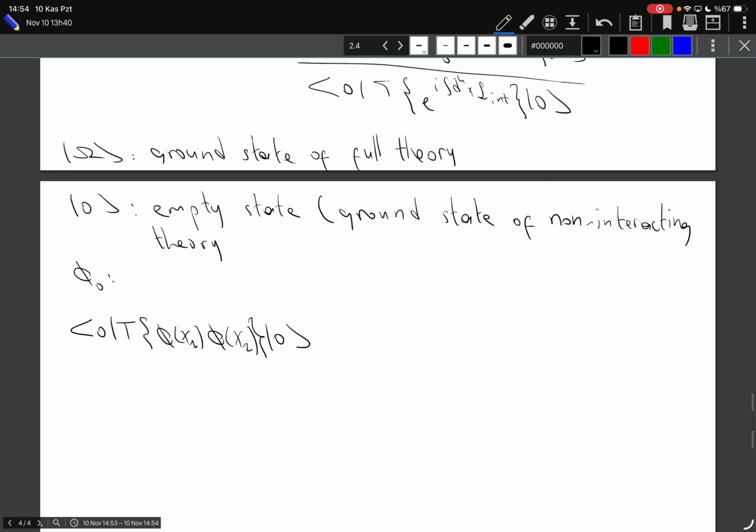We wrote this time-ordered product explicitly in terms of step functions, and we wrote the explicit expressions for our fields phi x1 and phi x2, and then we used this contour integral trick to write the step function as an integral over some closed contour in the complex plane. But let's look at the same problem from a slightly different perspective.